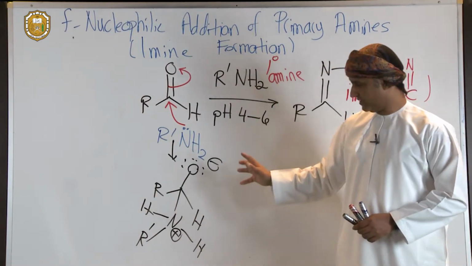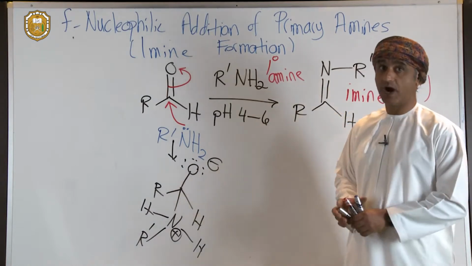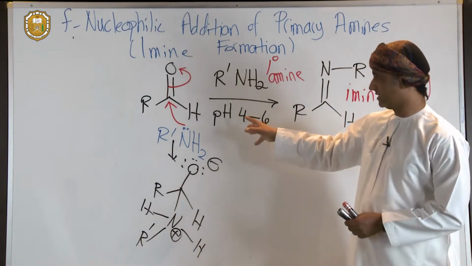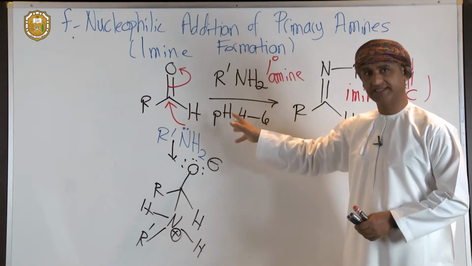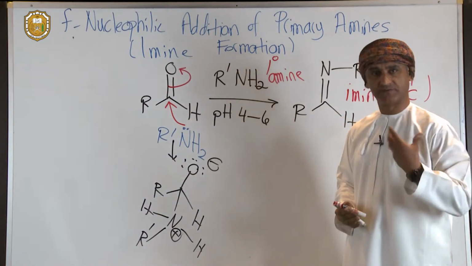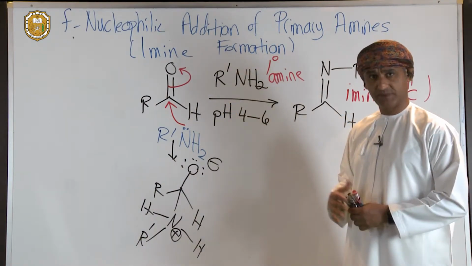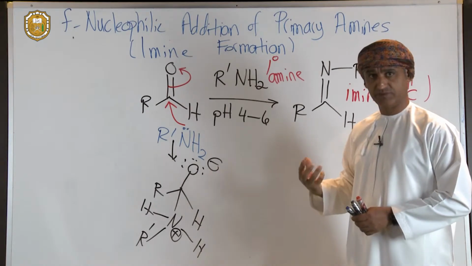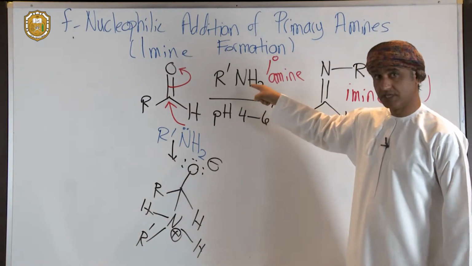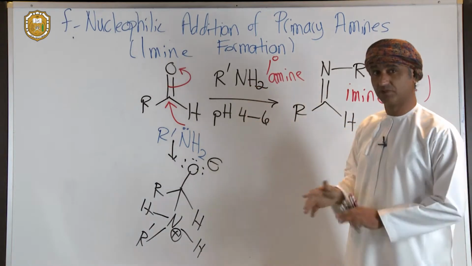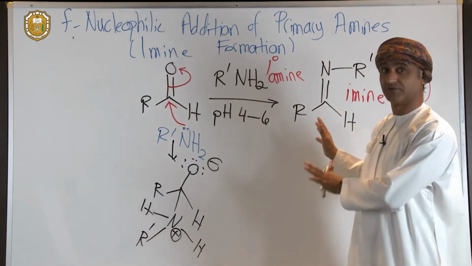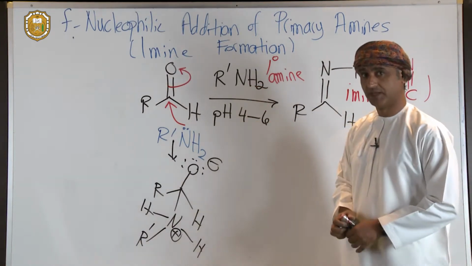Now, at this stage, an acid is not really required. Because if we use a strong acid concentration, in other words, if the pH is 1 or 2, if the pH is highly acidic, that will be enough to protonate the amine. If the amine is protonated, the reaction will not be useful for this imine formation reaction.